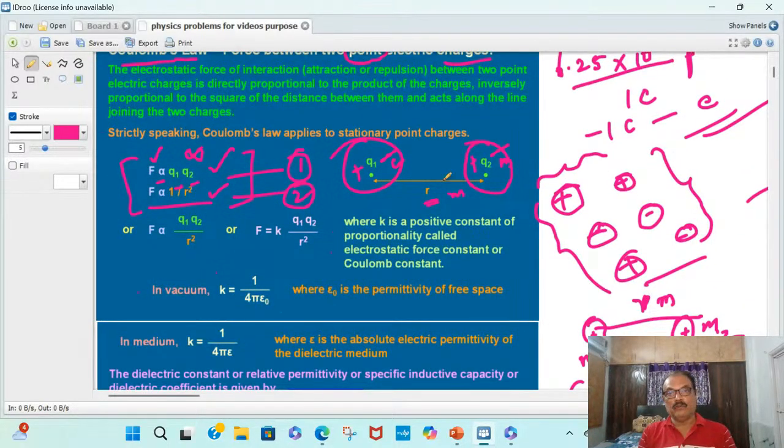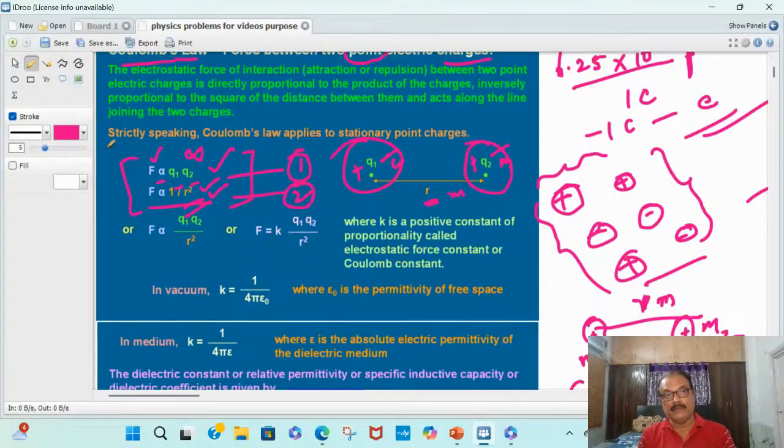When the charges move close by or move away from each other, the force changes by what ratio? 1 by r square ratio. That means it is practically observed and checked. The formula is universally accepted: force is inversely proportional to the square of the distance between the two point charges.